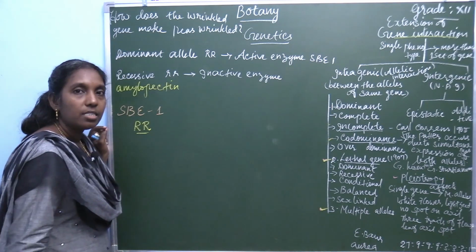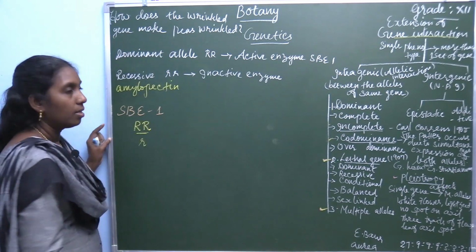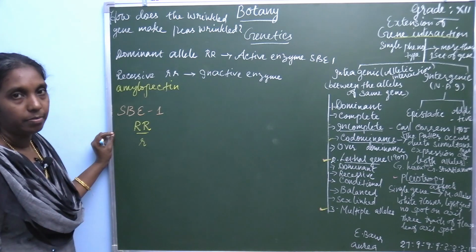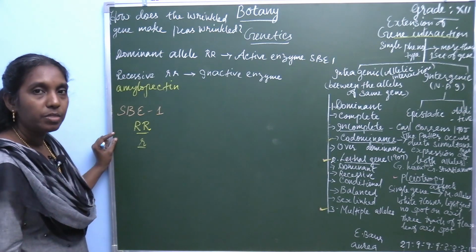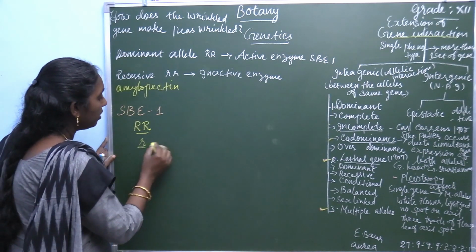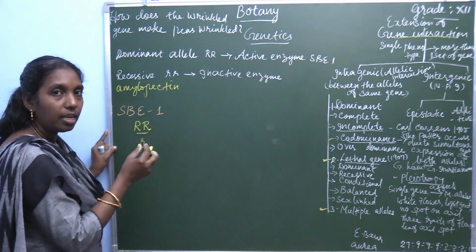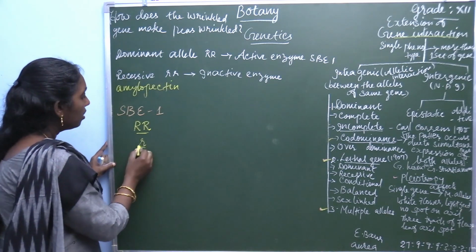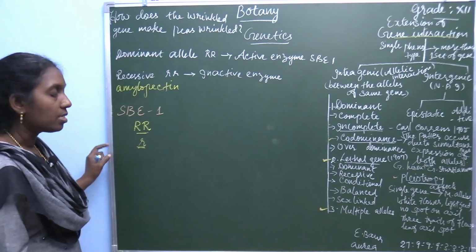There is an insertion in small r by mutation. So, this small r is interrupted by a small piece of extra DNA inserted, that is small r, which creates the recessive.